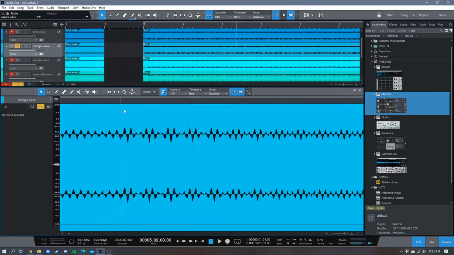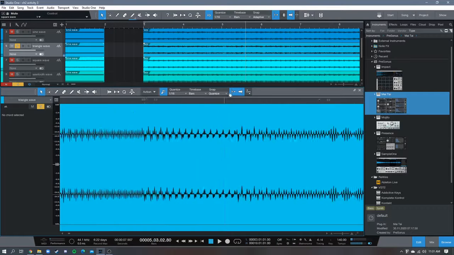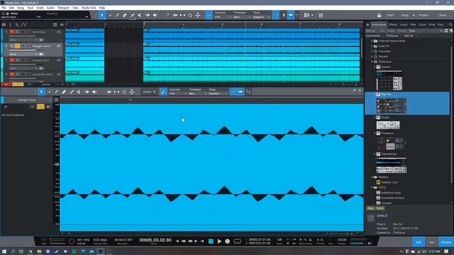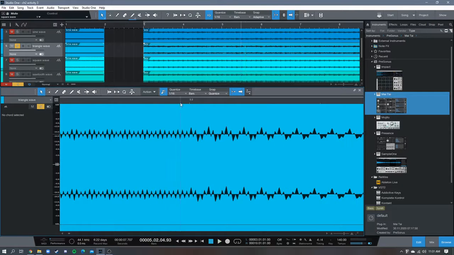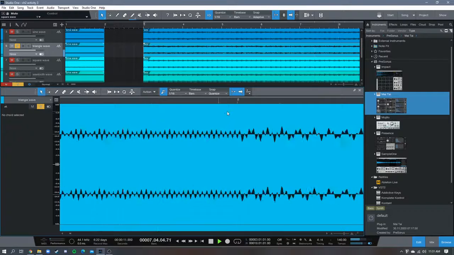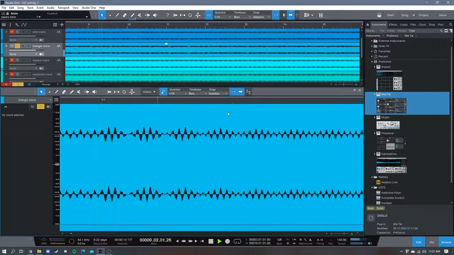What chord is that? Okay, so that's our A flat major chord. Interesting. So yeah, I guess that's just probably a product of the envelope.